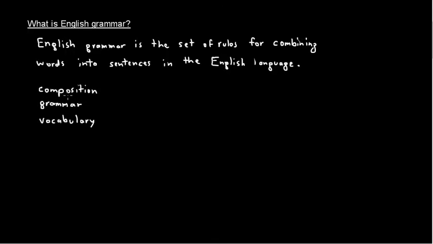Composition is how we take those sentences and turn them into bigger units. How we take sentences and turn them into paragraphs. How we take paragraphs and turn them into novels. How we take sentences and arrange and combine them to form poetry.